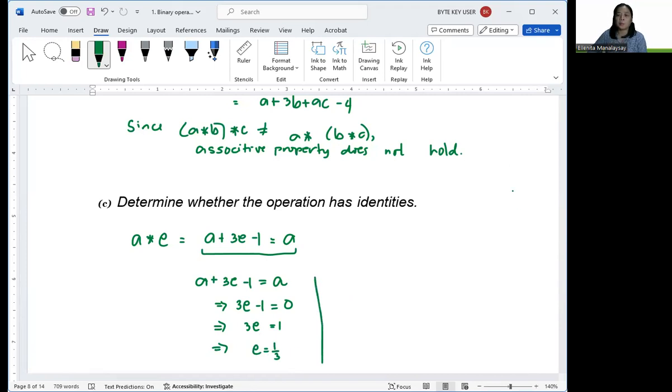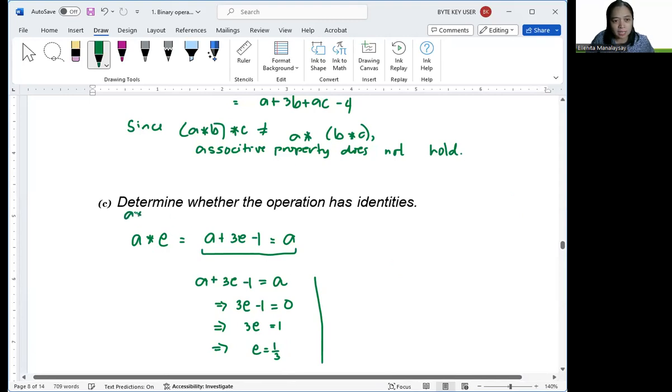Okay. But then, at this point we're saying there is an identity element, and the identity element is 1/3. But we need to verify, because by definition, A star E should be equal to E star A, which is equal to A. Okay. What if we have E star A? This is E plus 3A minus 1.